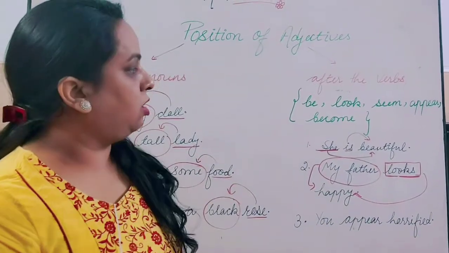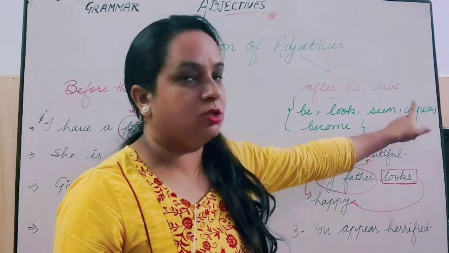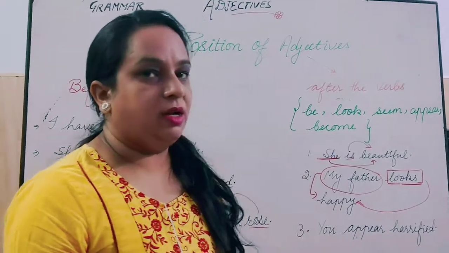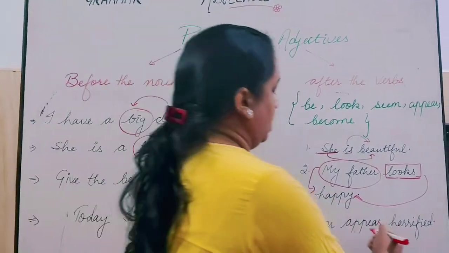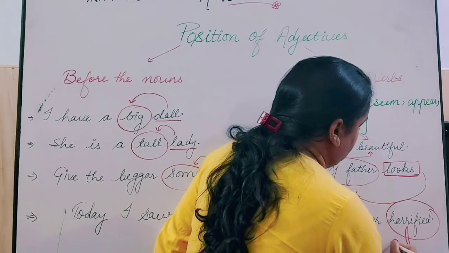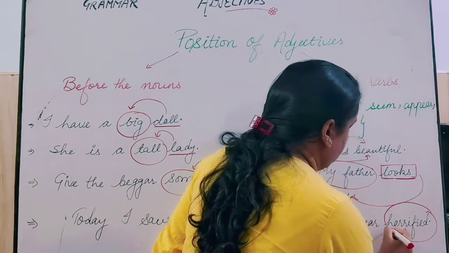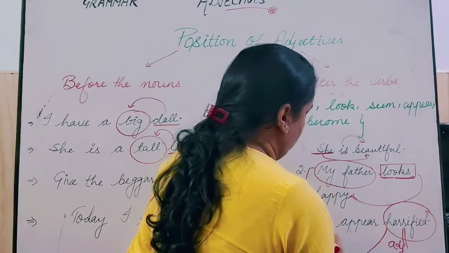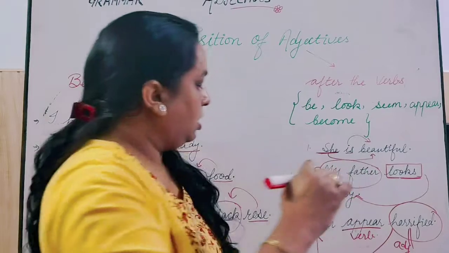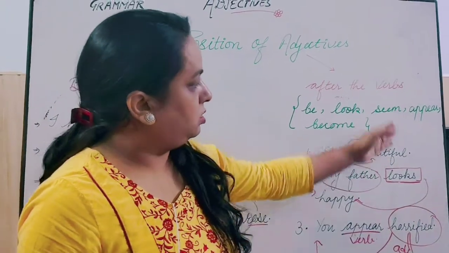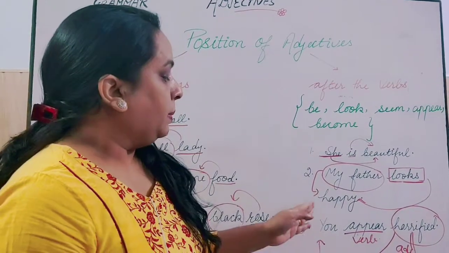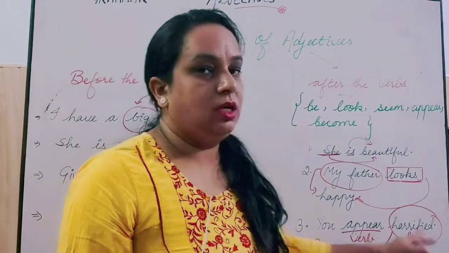See, the verb appear is also in that list. Horrified is also describing something. So horrified is the adjective, which is describing you, because this verb appear is there, and it is another case where we can get the adjectives after the verbs.